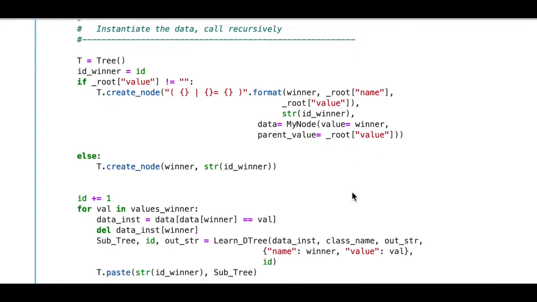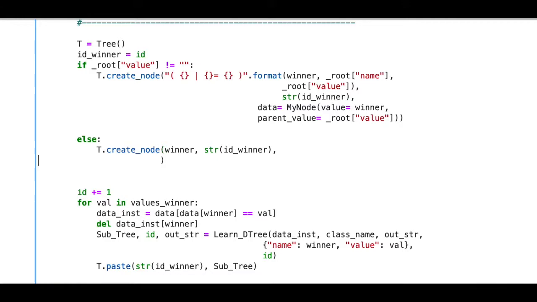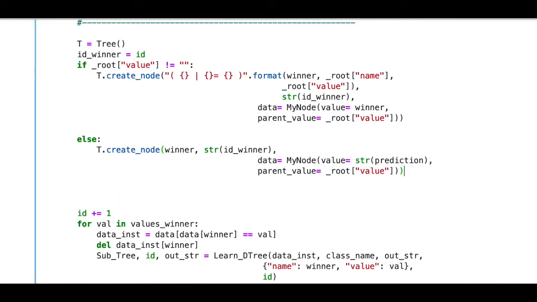In this case, it's also winner. Recall that here basically we are printing the same thing. It's just when it's a root, we don't want to print empty values of the parent. So this is why we do this, right?